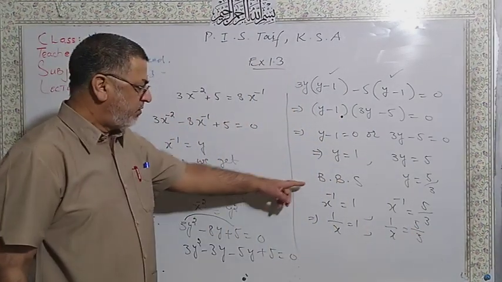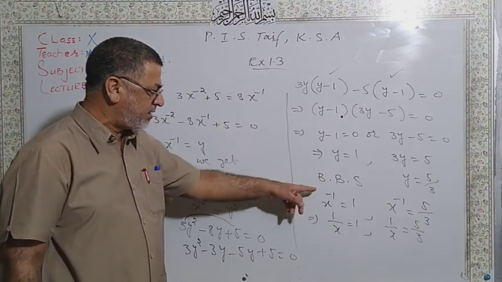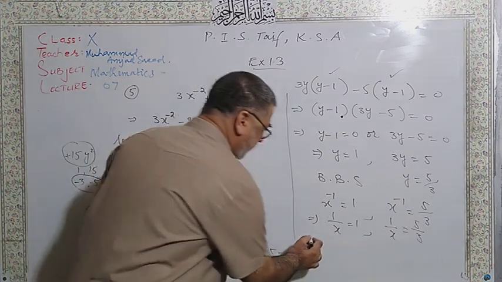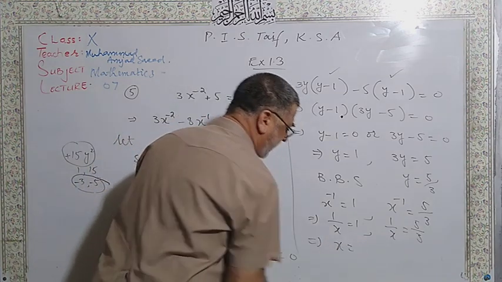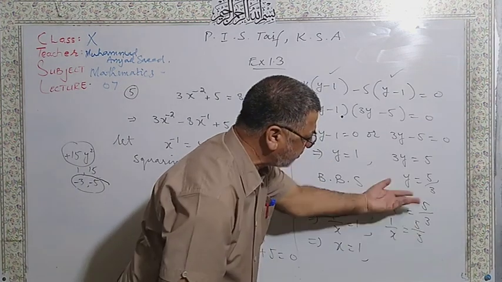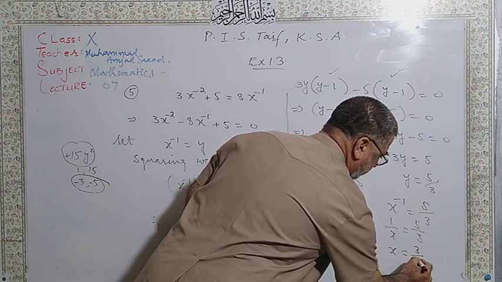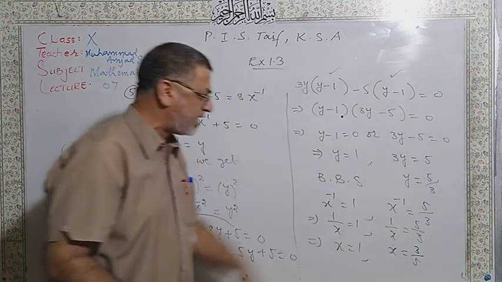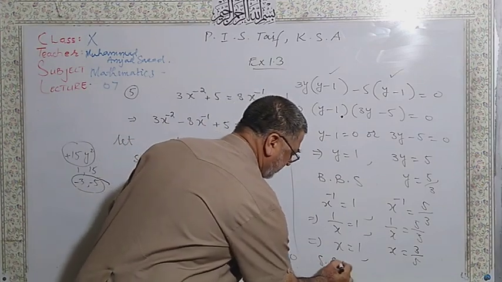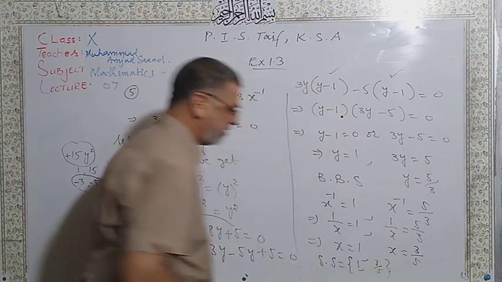Remember that whenever the term is shifted to the denominator or numerator, the sign of the power will change. So x/1 = 1/1, and reciprocally x/1 = 3/5. The right side is also reciprocal. So we have the solution set {1, 3/5}.